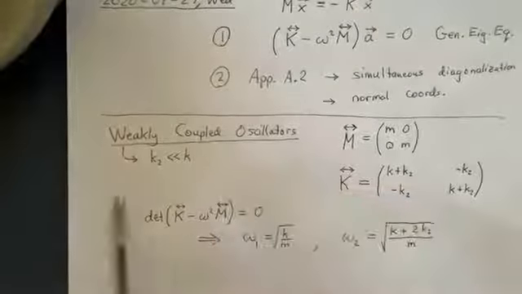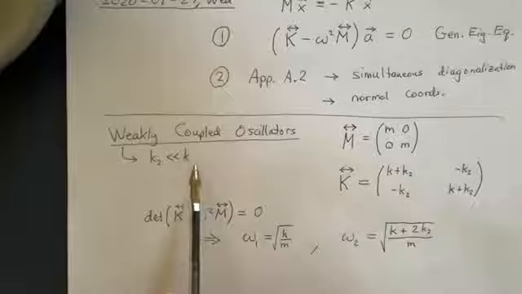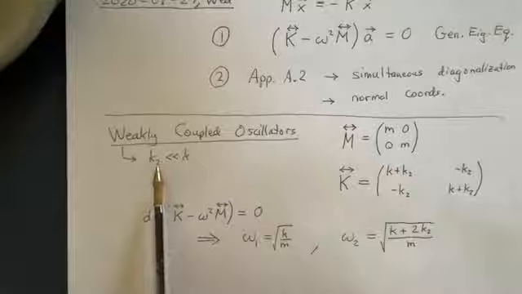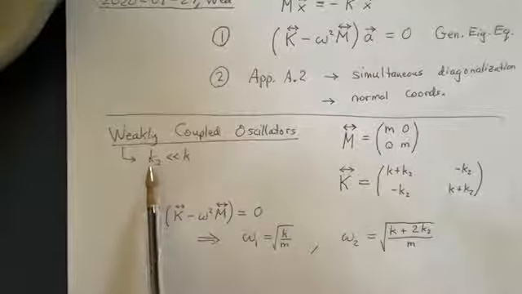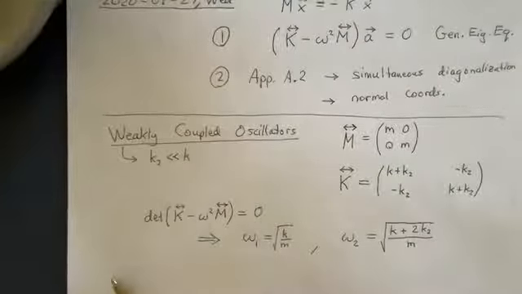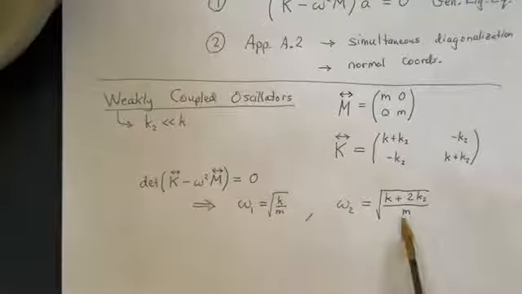Okay, so the fact that we have weak coupling can be written like this. Both of the k's are positive, so there's no need to put absolute value signs here. We're thinking of springs with positive spring constants, and we're just saying that this spring constant k2 is much smaller than k1 and k3, which we're using the symbol little k for, both of those springs that are attached to the walls.